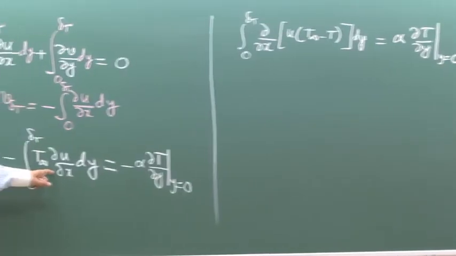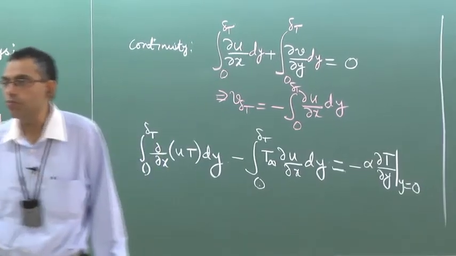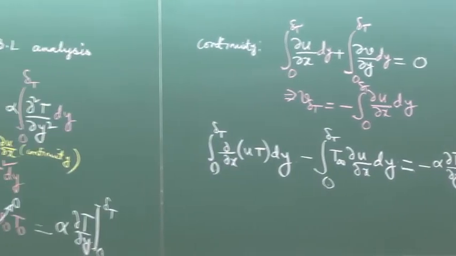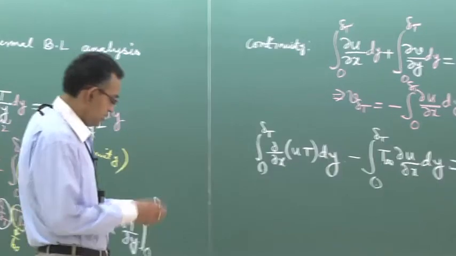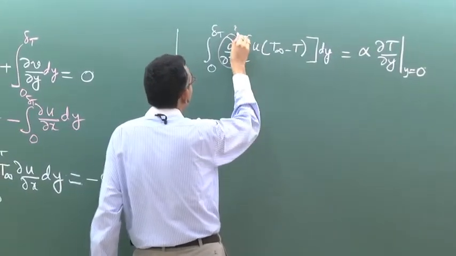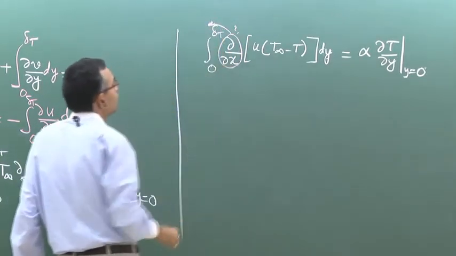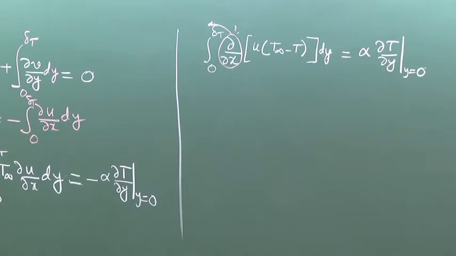Because T infinity is a constant, we can take it easily within and outside the derivative without any problem. Next, our issue will be whether we can bring this derivative out of the integral or not, and for that we will use the Leibniz rule to check.